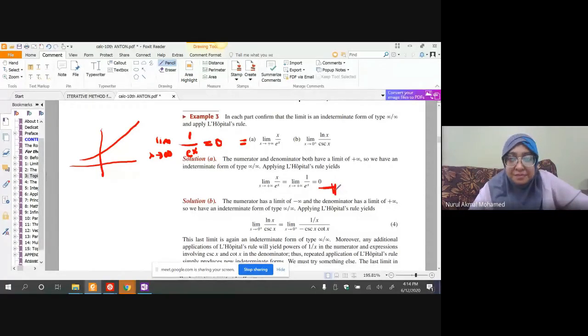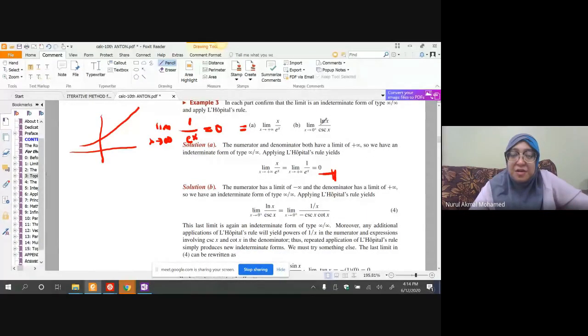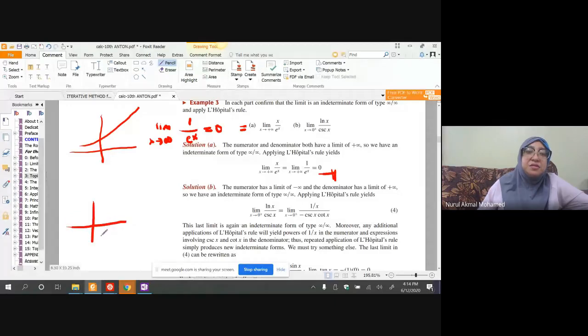Okay. And then for ln x divided by cosecant of x, as x tends to 0 plus. Why does the question ask you for 0 plus? Because ln x is only defined for x positive. So this is the graph for ln x. It's only defined for x positive.